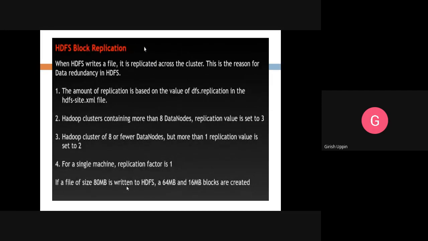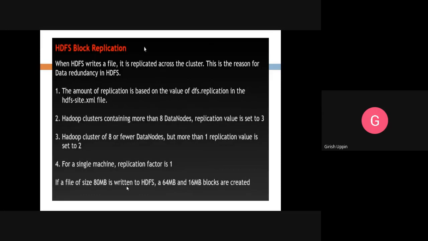Now HDFS block replication. As we said, the HDFS system will keep multiple copies of the same data, and how many copies is a configurable item. But going by the general rules, if there are more than 8 nodes, there will be 3 copies.